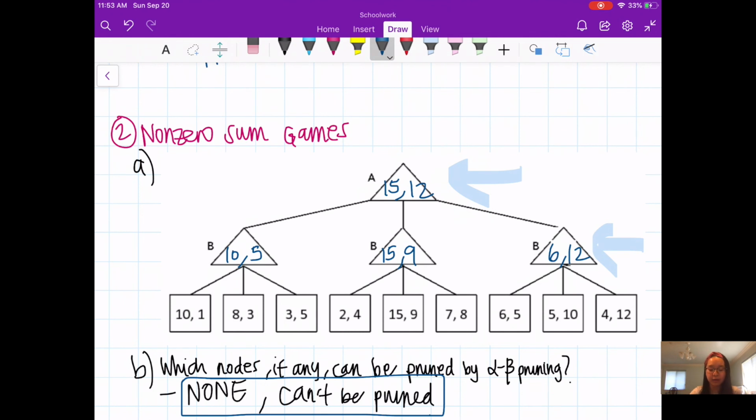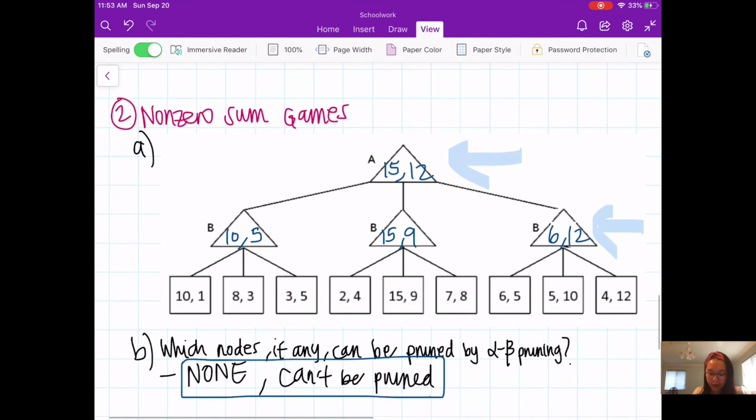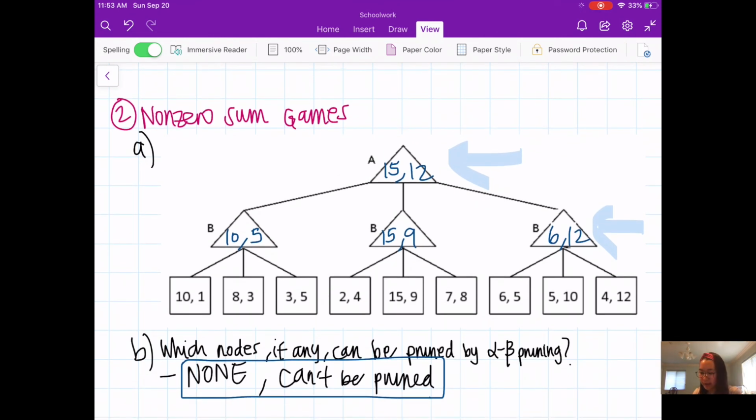And yes, that is it for this week. In general, this worksheet was pretty short and straightforward. I think with games, you just want to be able to fill out the game tree and then determine which nodes can be pruned.